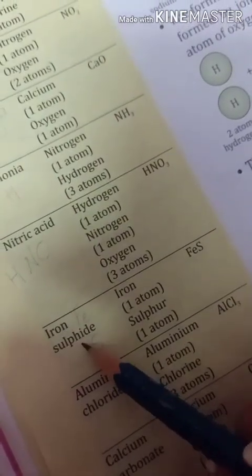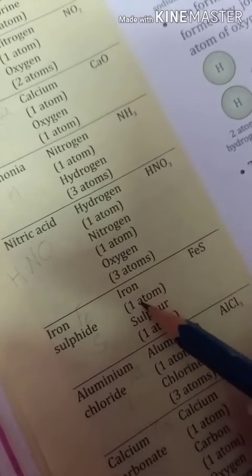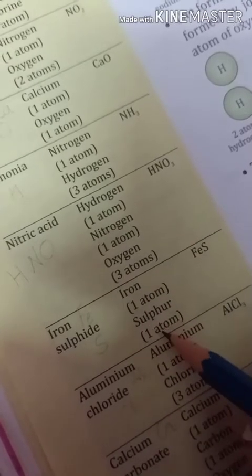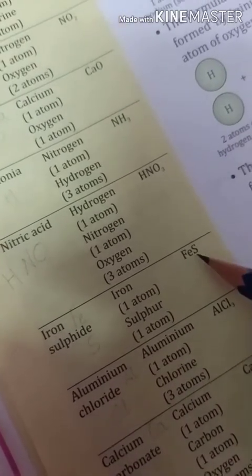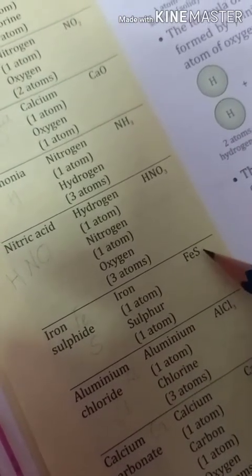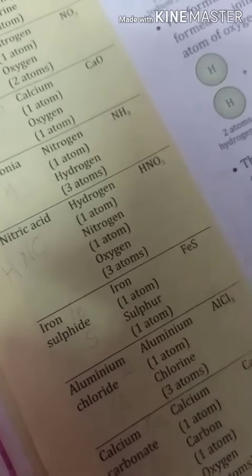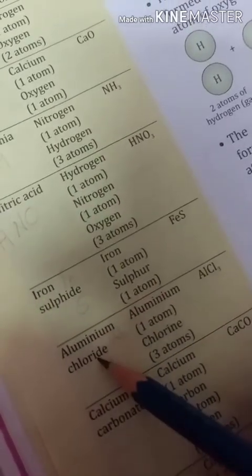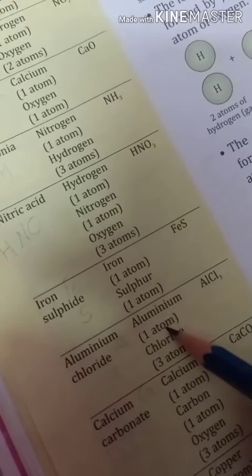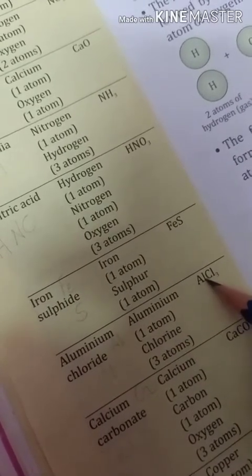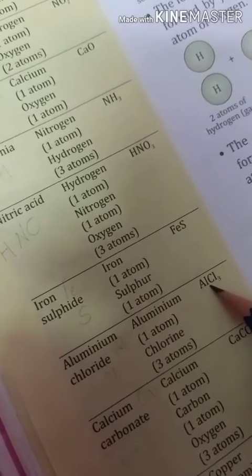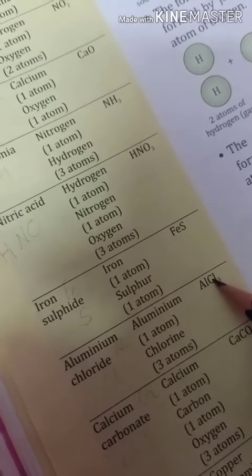Iron sulfide. Made up of one iron atom and one sulfur. Formula is capital F small e for iron and capital S for sulfur. Aluminium chloride. One aluminium atom and three chlorine atoms. So formula is capital A small l for aluminium and three chlorine atoms.